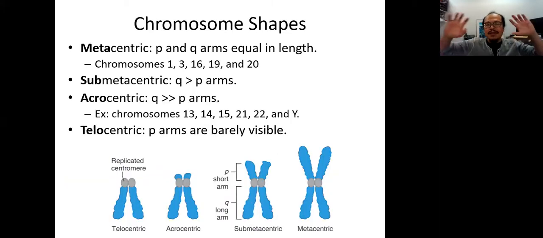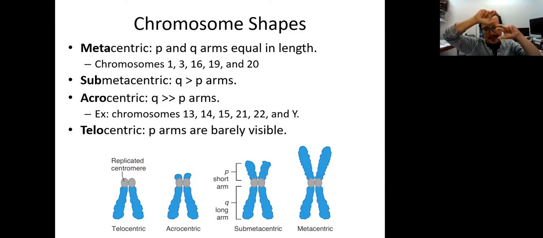All right, so we know that structure, right? We have the P arm and the Q arm. We can compare the length of the P arm and the Q arm to classify the chromosome into one of these 4 types. If the P arm and the Q arm have equal or similar length, we call this a metacentric chromosome.